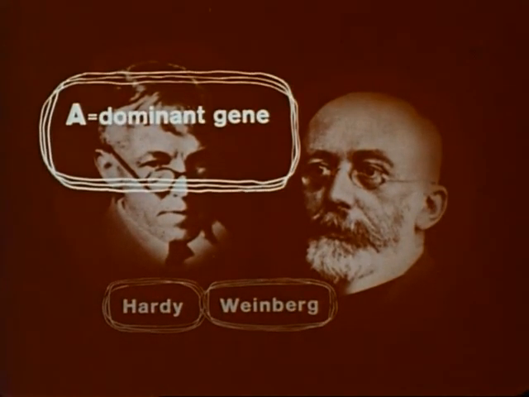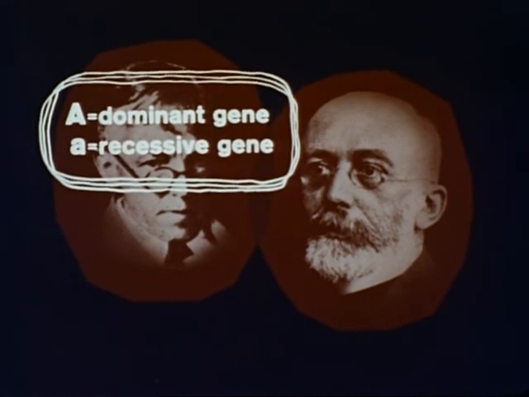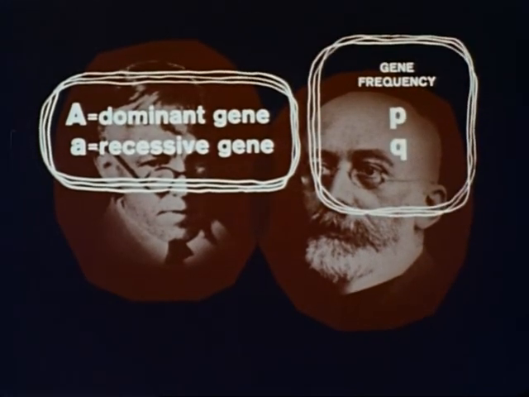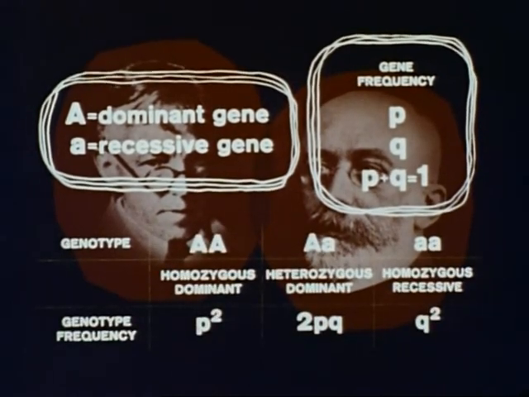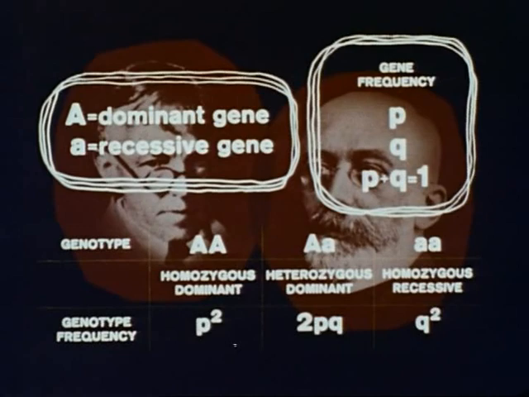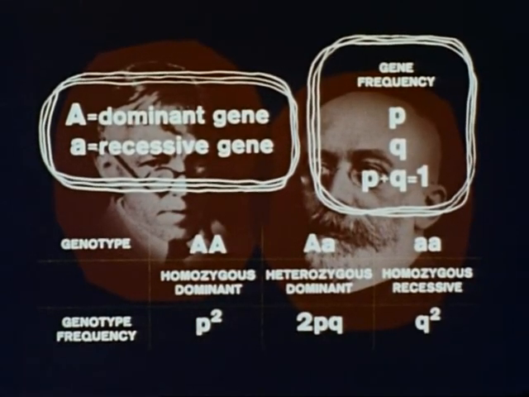Consider a two-allele system, which we will indicate as big A for the dominant gene and little a for its recessive allele. The frequency of the alleles can be represented by P and Q, respectively, with P plus Q equals 1. The frequencies of the three genotypes possible with two alleles are P squared for big A big A, 2PQ for big A little a, and Q squared for little a little a.